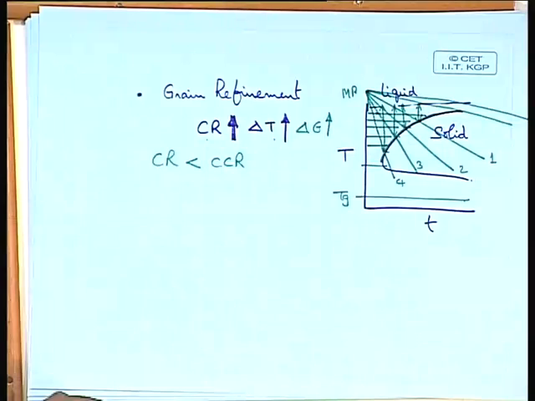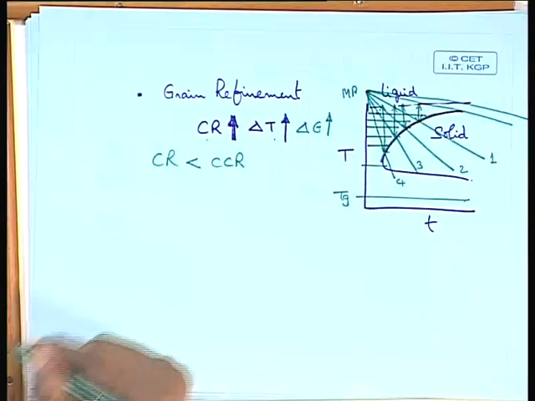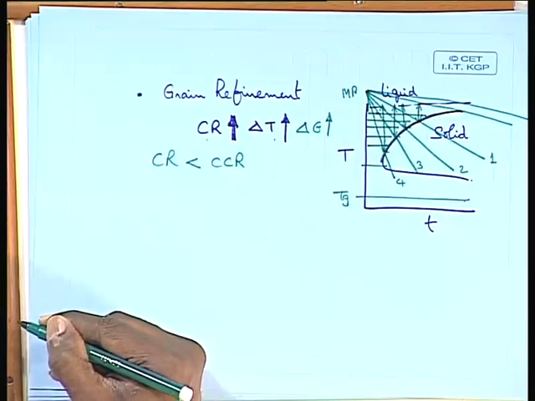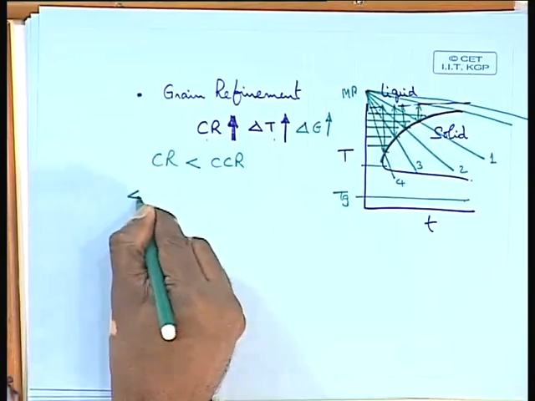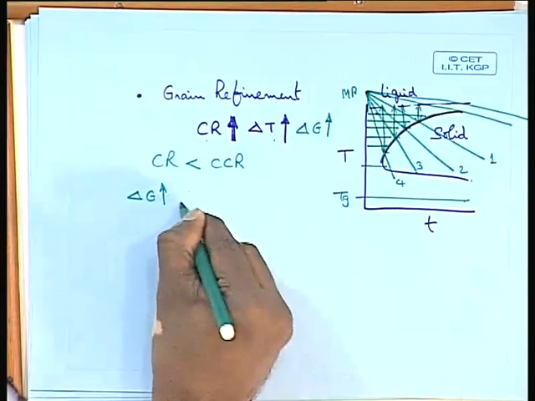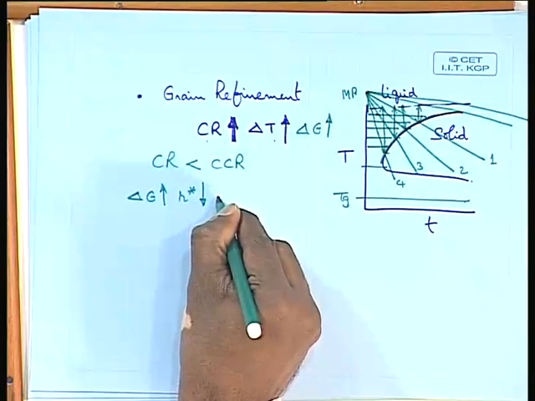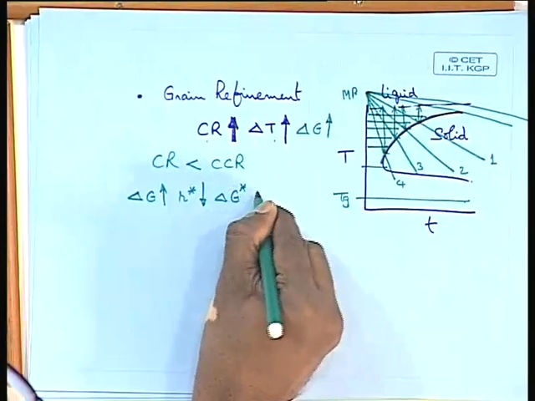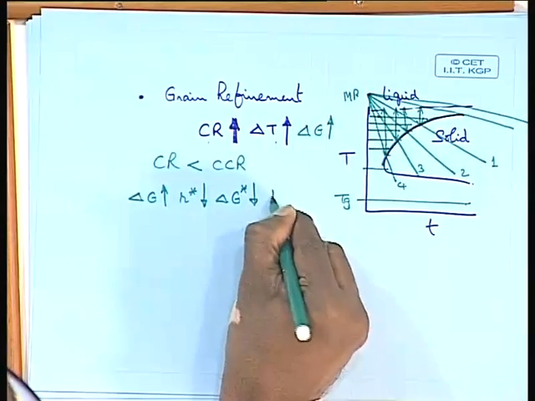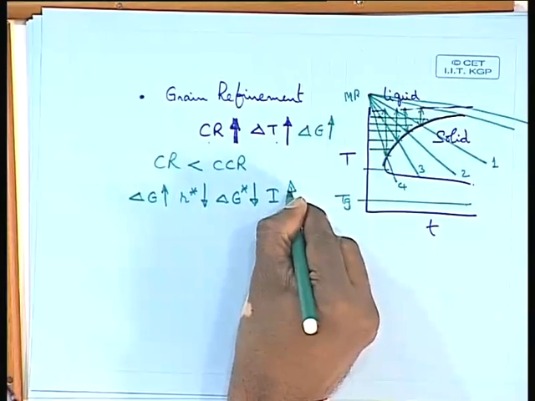So as a result, we know that if the cooling rate increases, delta T increases, and if the delta T increases, we have already seen before that the delta G increases, which is the driving force, and if the delta G increases, we know the R star decreases and the delta G star decreases, and finally the I increases.